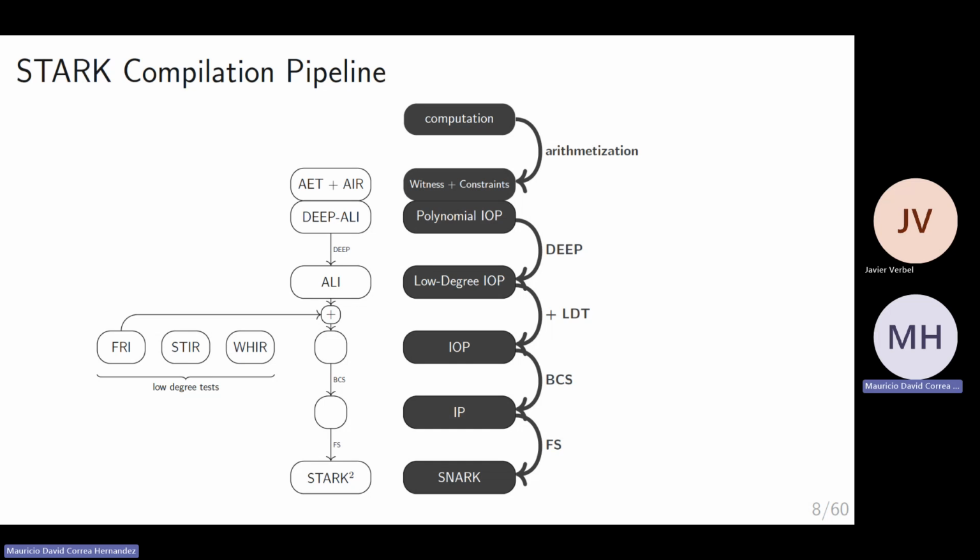So we start from the computation, and then we go through an arithmetization step, the result of which is a witness and constraints. And this witness and constraints, they live together with the polynomial IOP. Every stage in this diagram, in fact, has an associated witness and constraints. Well, maybe not every stage, but certainly the upper stages do. So unfortunately, the diagram has to be slightly sloppy at this point.